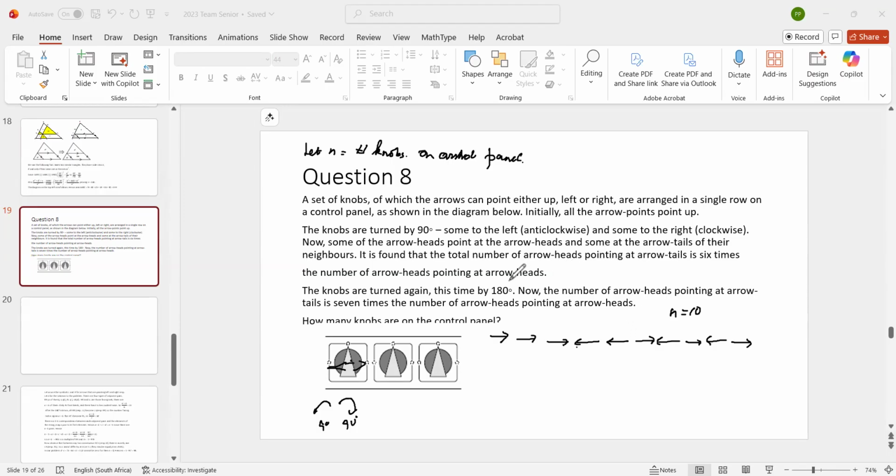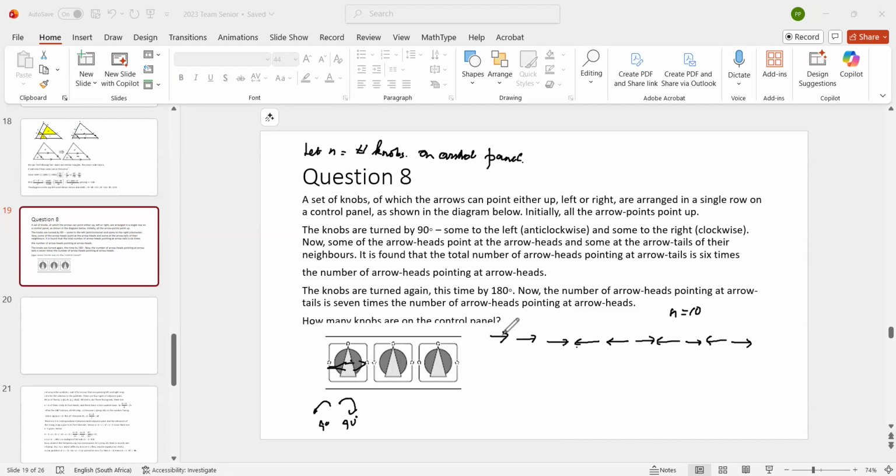All right. It is found that the total number of arrowheads pointing at arrow tails is 6 times the number of arrowheads pointing at arrowheads. All right. What I'm going to do is code this.